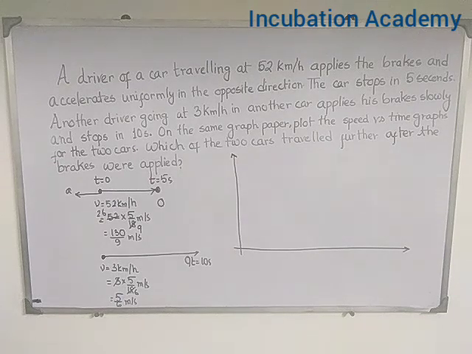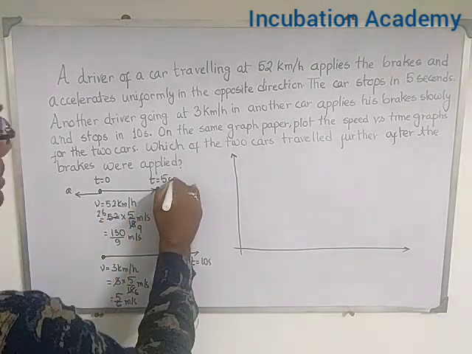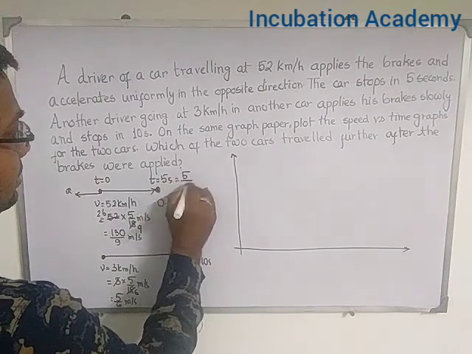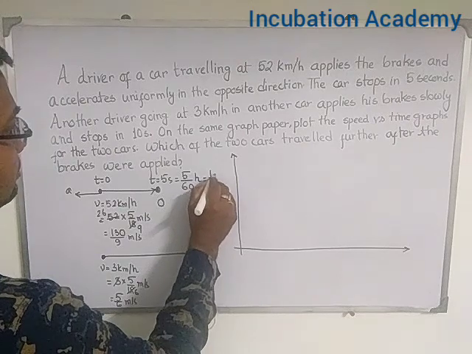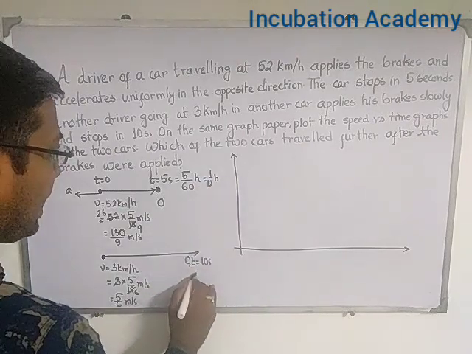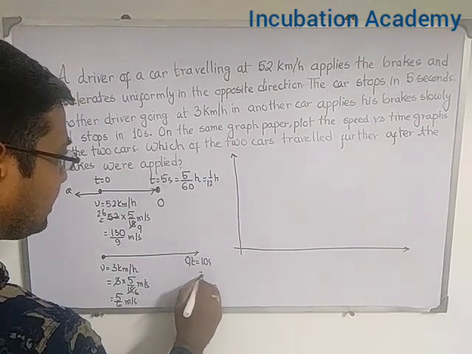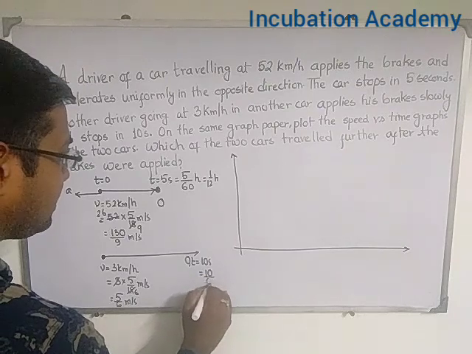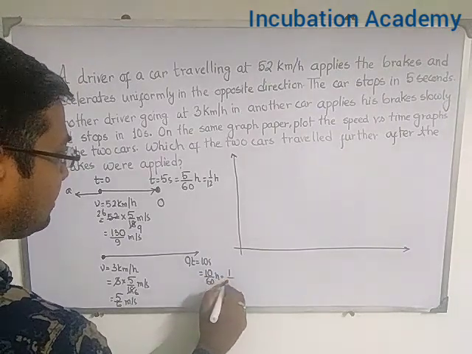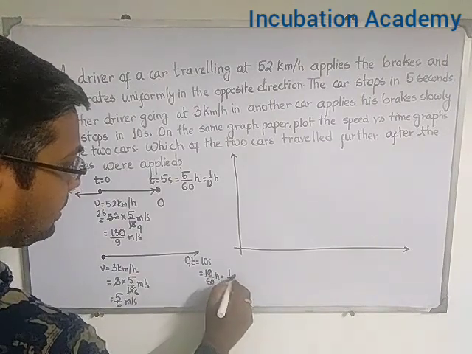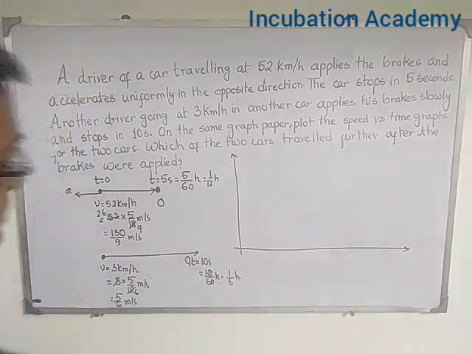Or another procedure is that I convert these times into hour. So 5 seconds is 1 by 12th of an hour, and 10 seconds is 10 divided by 60 hour, so it is 1 by 6th of an hour.